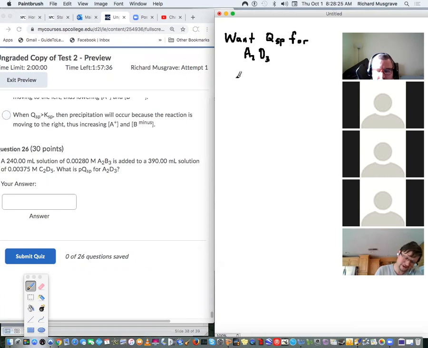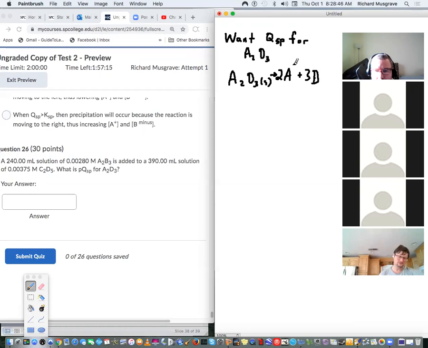Now, don't be too concerned about the charges on any of this, but I know if I have A2D3, if it's a solid, it will split into 2 A's and 3 D's. Which is really the important point that I'm trying to get at here.